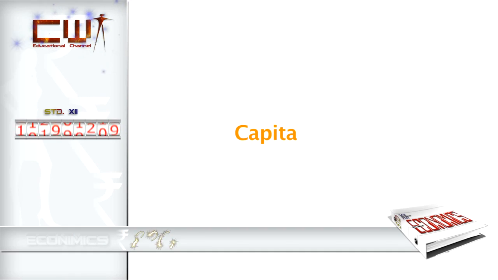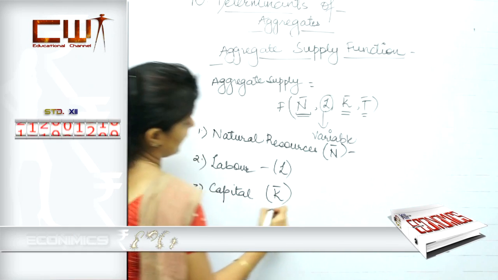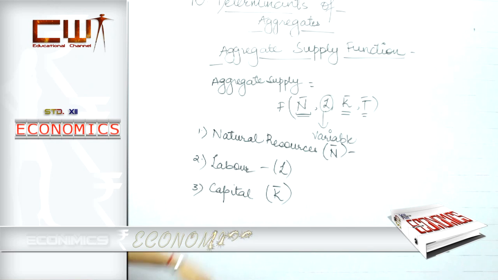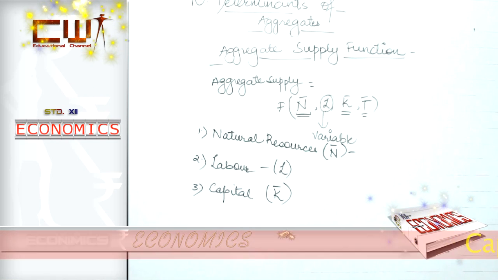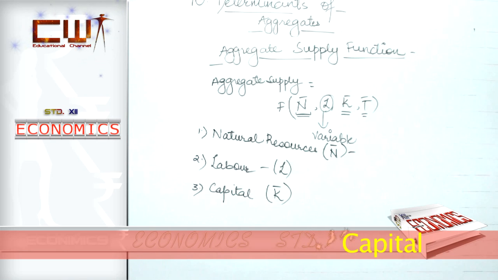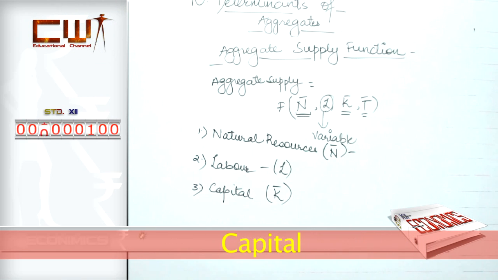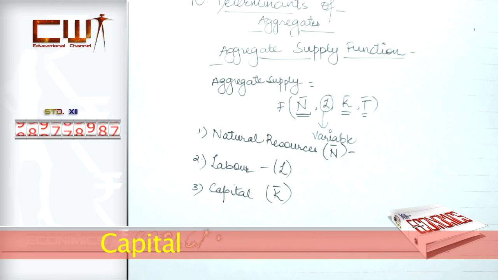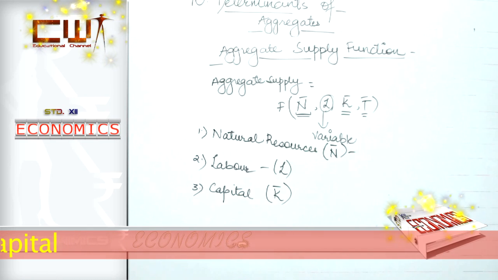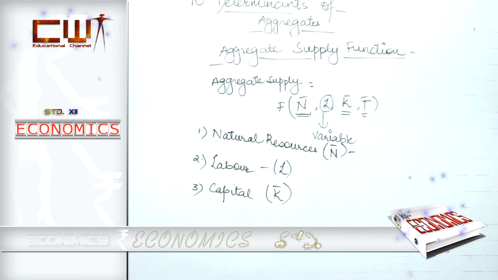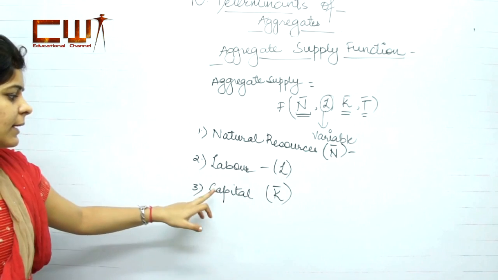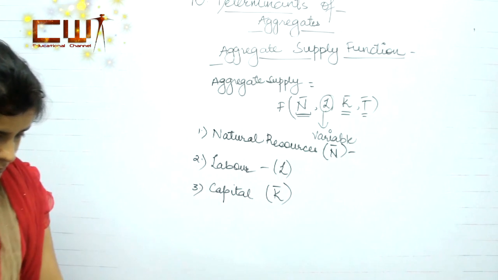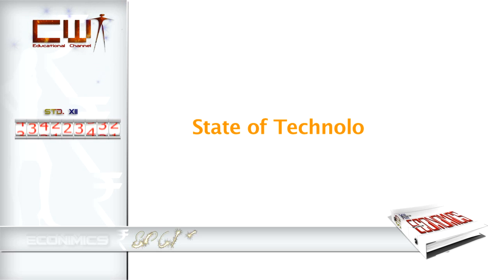Next you have the capital. Capital is K bar. Again, this is constant. Capital is produced means of production. It is a man-made factor. Aggregate supply of goods depends on the availability, use and quality of capital. Capital may be goods, capital may be money, capital may be plant and machinery, but in the short run you cannot increase or decrease the capital either. That remains constant. Last is the state of technology.